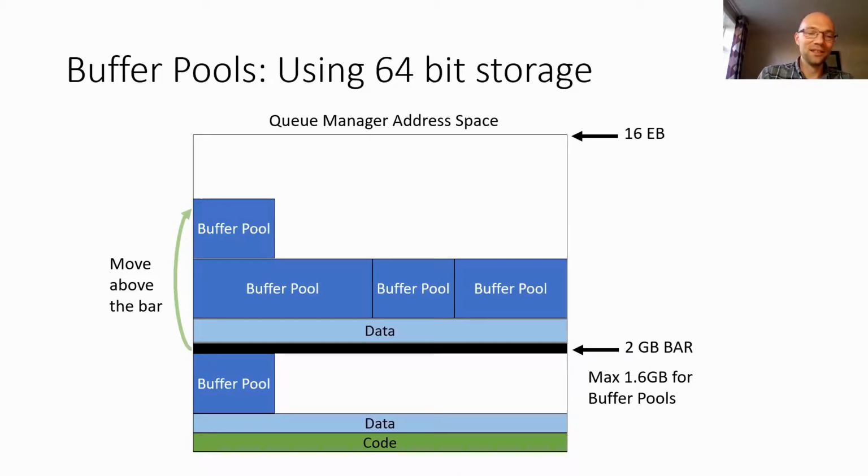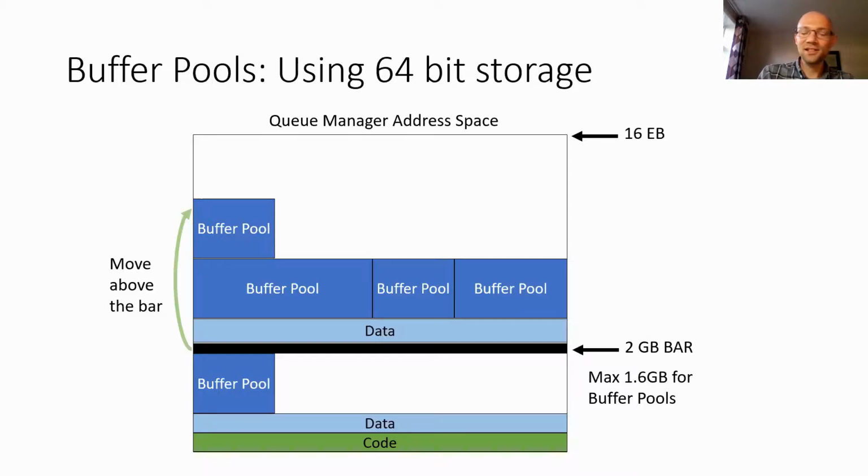So that means that there's a cap on how much space that you can allocate for your buffer pools, which obviously has an impact because, as I was saying in the previous couple of slides, you want there to be enough buffer pool space available to hold all those messages on your queue that are going to be got soon. Because you don't want messages to be written out to disk because you've run out of buffer pool space, only to be read in again a minute later.